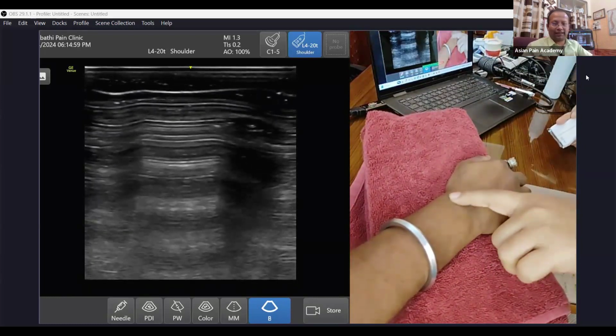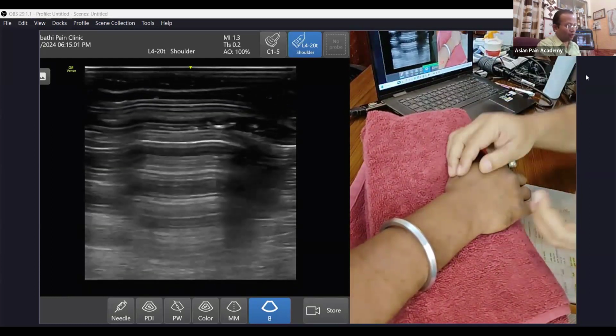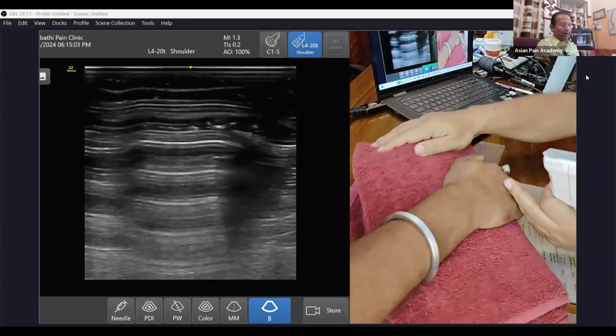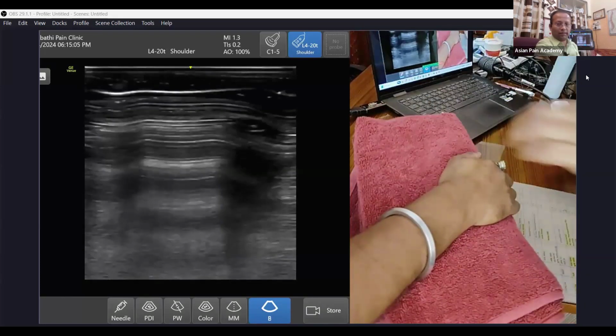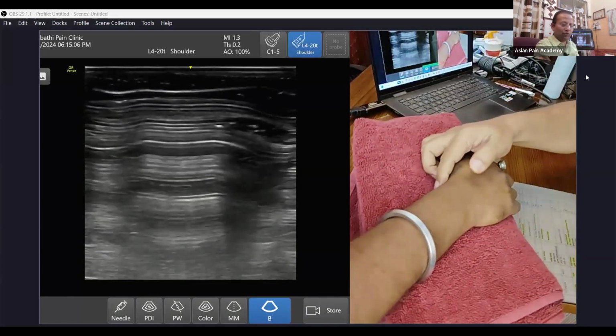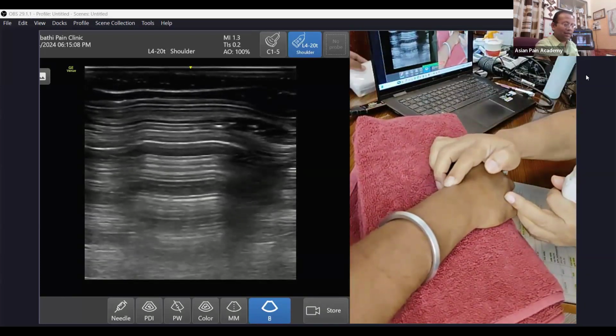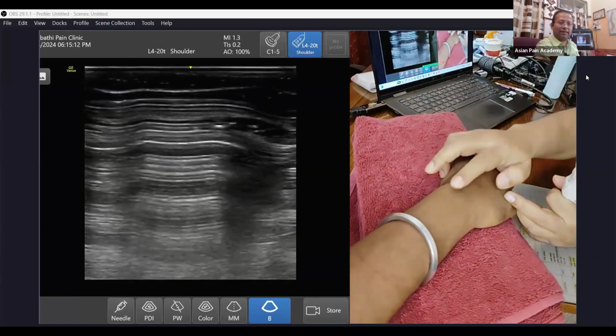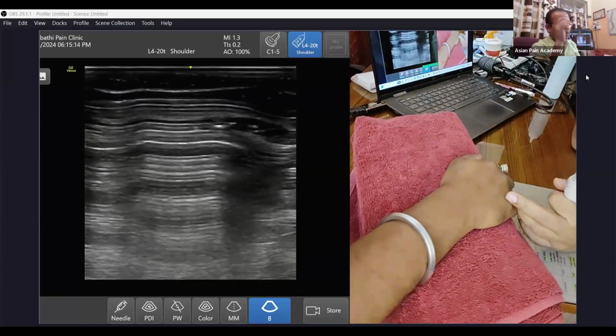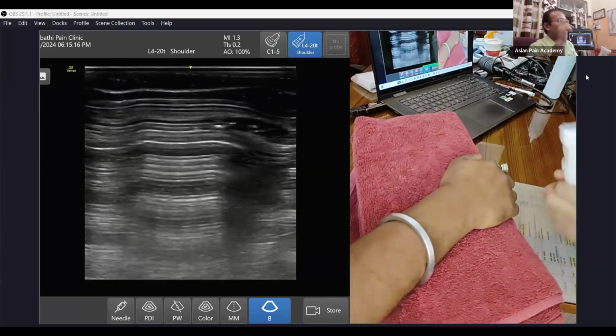So this is the radius. We can palpate the styloid process on this side, and gradually come to palpate the Lister tubercle. So I can palpate the Lister tubercle here. Anybody can palpate and see where the Lister tubercle is.